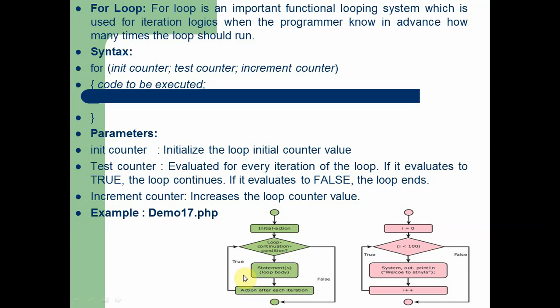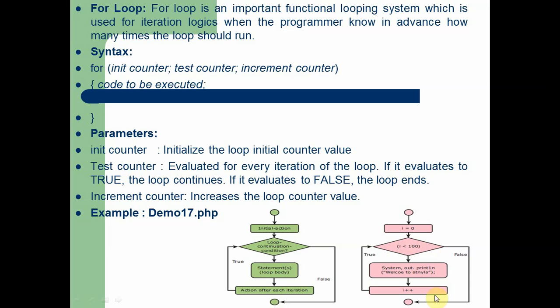So this process will execute more than one time, again and again, till the condition is false. If the condition is false, then it goes directly to the end of the loop. So this is the simple flowchart explanation of the for loop.